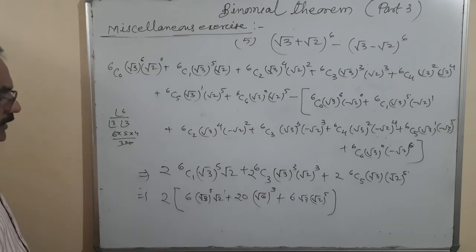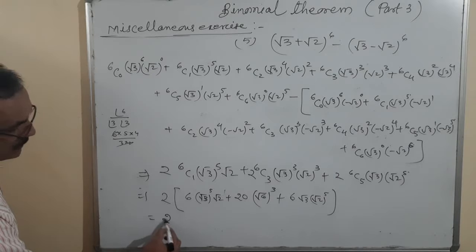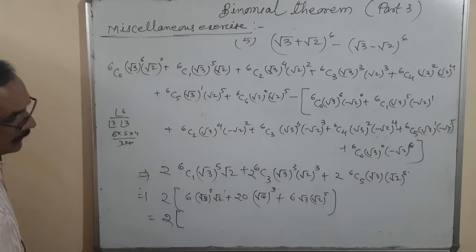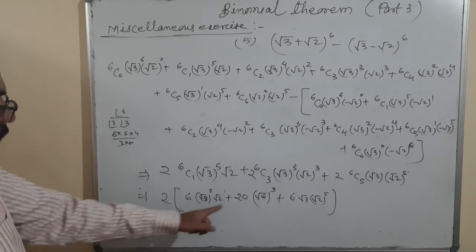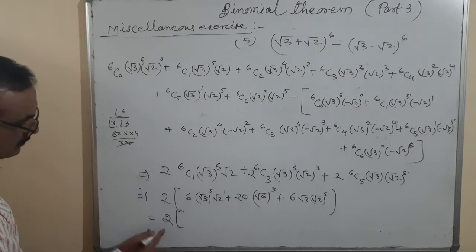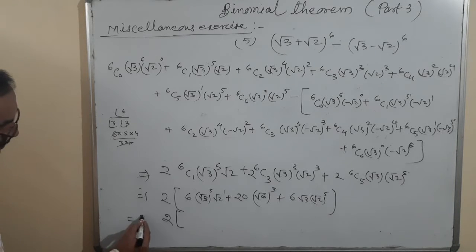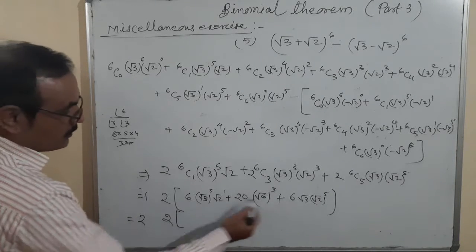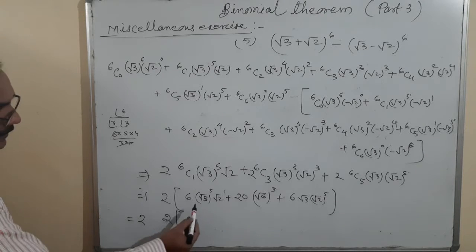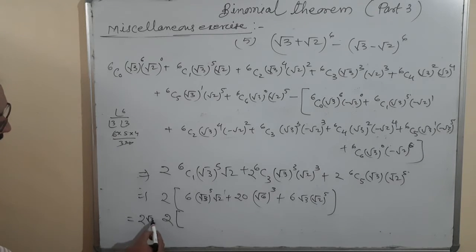Okay, look here, one more thing. 2 is here. If I want to take common from all, 2 is already here, and I am taking 1 root 3 and 1 root 2 common. Okay, then let us see what happens.